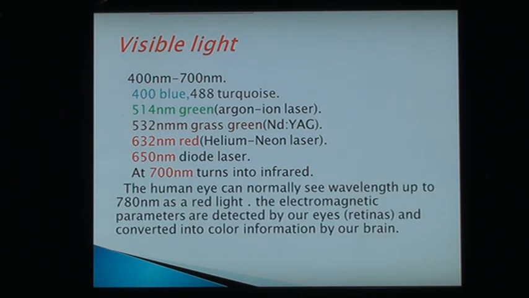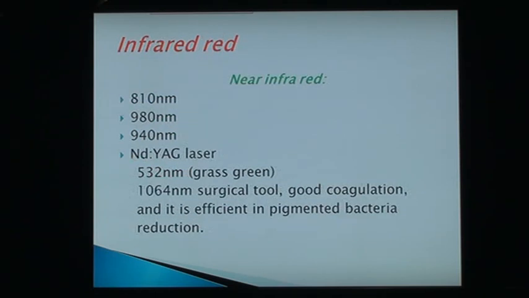At 700 nanometers it turns into infrared. The human eye can normally see wavelengths up to 780 nanometers as red light. The electromagnetic waves are detected by our eye retina and converted into color information by our brain.